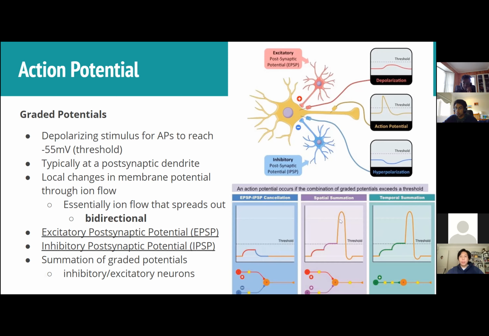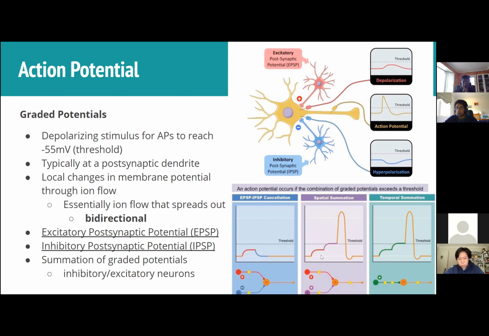So the diagram on the right essentially is the best explanation for it. The middle picture shows how if you have one neuron that's excitatory, and another neuron that's also excitatory, then the potential difference adds up to eventually reach the threshold potential.